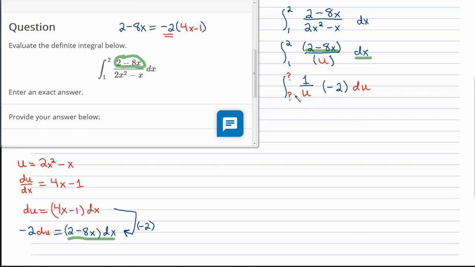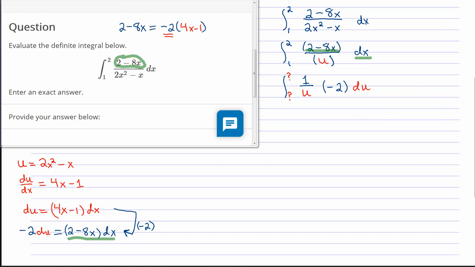You could take the time to figure out what we should put there, but I think it's easiest just not to worry about it. And at the very end of the problem, we'll back substitute and bring the x's back, and then we'll be able to bring the 1 and the 2 back. So I think the simplest thing to do is just leave the question marks there for now.